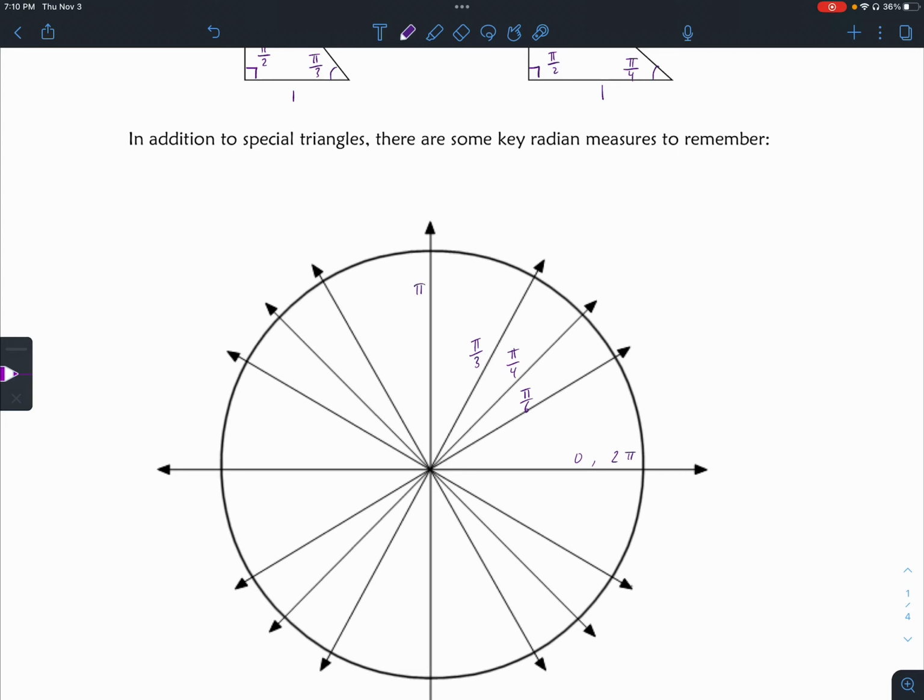And then 90 degrees is pi over 2. Okay, and then we continue this on. We have 2 pi over 3, then we have 3 pi over 4.